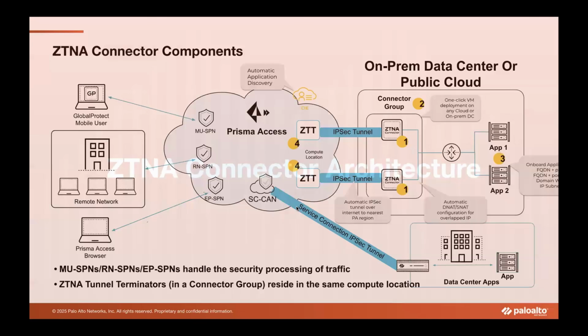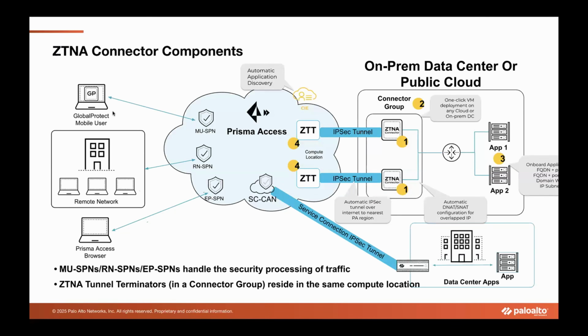Now, moving forward, let's talk about the architecture. As mentioned before, we have the Prisma Access infrastructure, the cloud, and we have automatic application discovery with our cloud identity engine, which integrates with services like Okta, Entra ID, etc. Similarly, we have an on-ramp security processing node, which connects to your users.